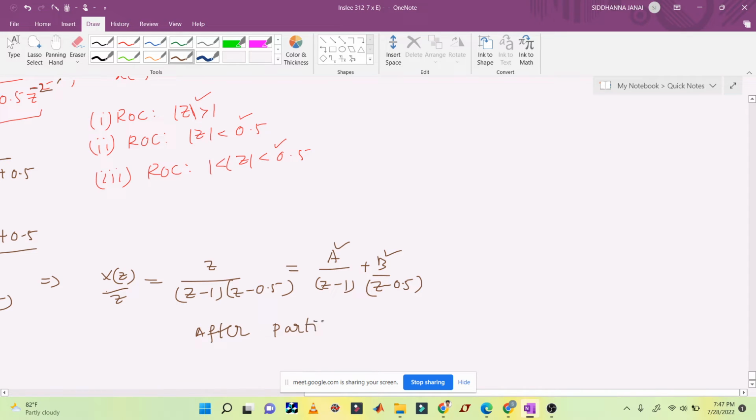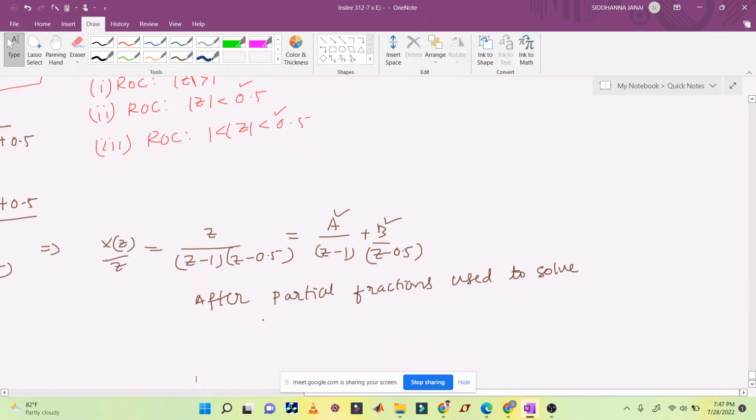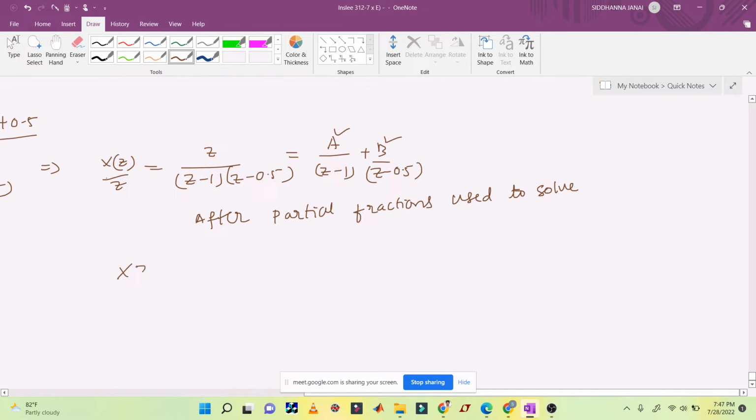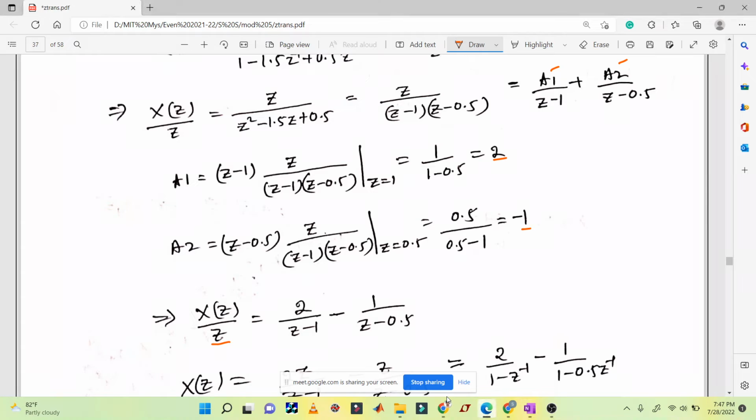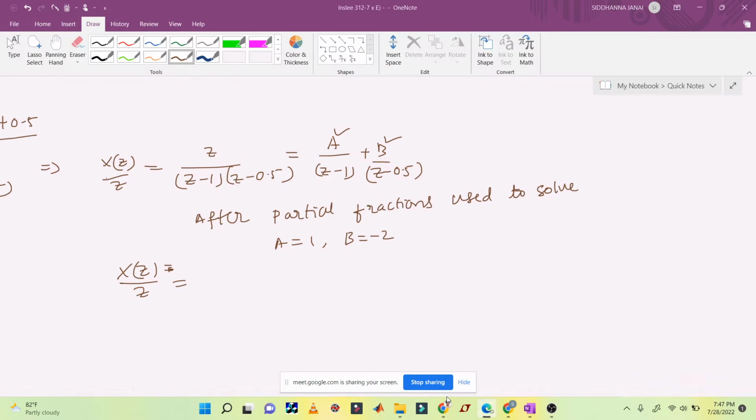So the answer we get after using partial fractions to solve the above equation: x of z by z is equal to, a equal to 2, b is equal to minus 1.